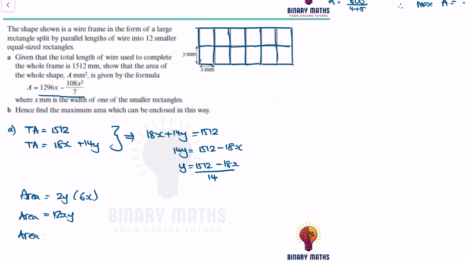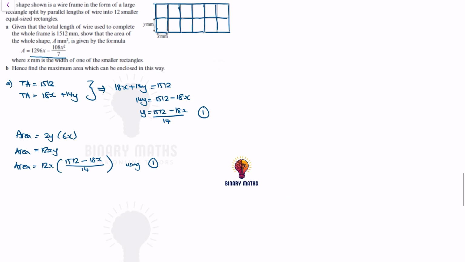But the y can be replaced with 12x times 1512, take away 18x, over 14. If I use a calculator to expand and simplify it, then I get, for the first term, 1296x. And when I do 12x times minus 18x divided by 14, I get minus 108 over 7 x squared.